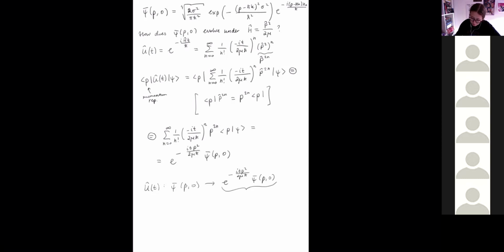And this we will call ψ̄(p,t). Okay, so we arrived at how our Gaussian wave packet looks after time t in the momentum representation.